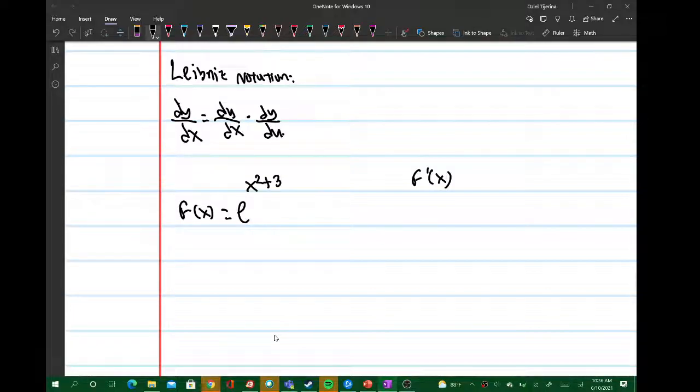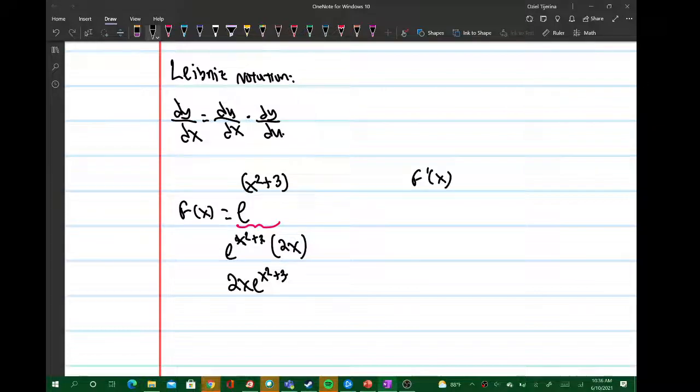The way that I usually do it is I grab the entire function and write it down, so it's e to the x squared plus 3, and then I grab the function on the inside, on the upside here, and I say times the derivative of the function on the top. So I say 2x e to the x squared plus 3.